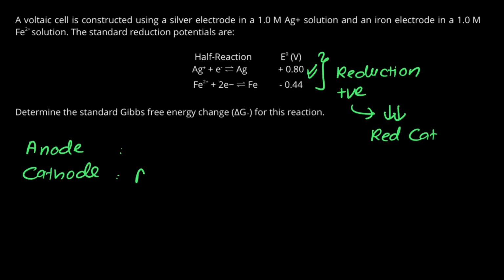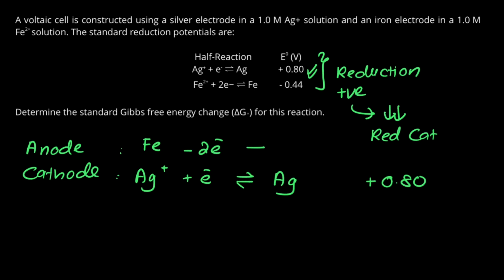So Ag plus plus an electron gives Ag, and there's no change here, 0.80. And then the other one is the oxidation, so we need to reverse it, and then you will get your Fe2 plus.